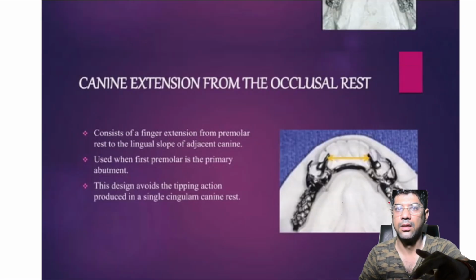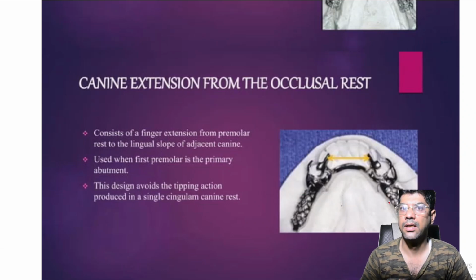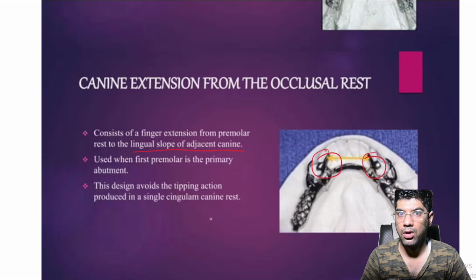The next type is the canine extension from the occlusal rest. In certain cases, an extension known as a tug seat is placed from the premolar's rest onto the lingual slope of the adjacent canine. This design is particularly used when the first premolar also serves as the primary abutment.